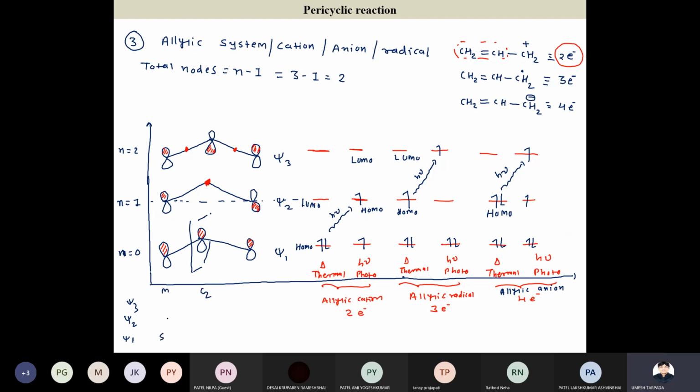First level is symmetric, second level asymmetric, third one symmetric. What about the first level C2 axis? Asymmetric, symmetric, then asymmetric. Okay. Has everybody understood this? Yes, sir.